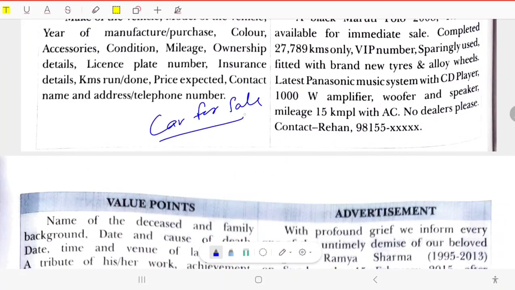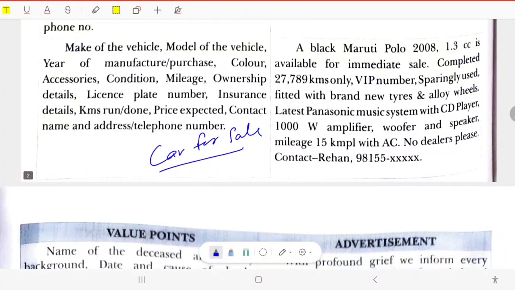Let's say the question can be like this: you want to dispose of your old car since you have been transferred to another city, or you want to buy a new car, so you want to sell your car. Give a suitable advertisement for the classified columns of a newspaper. This kind of question. So first of all, what do we write? Heading: Car for sale.